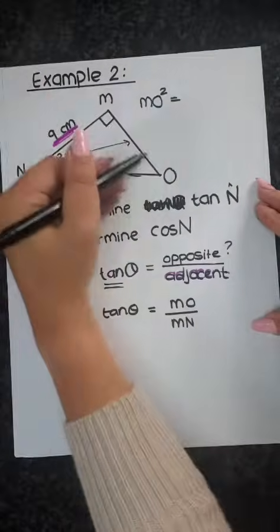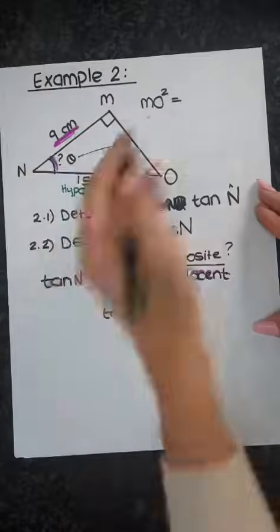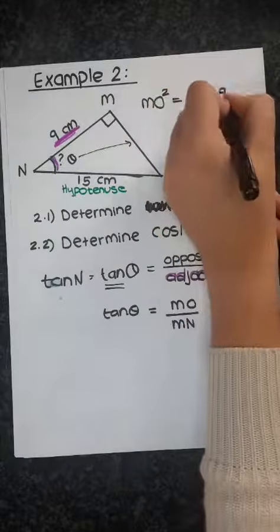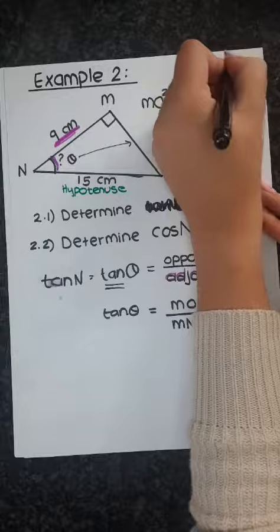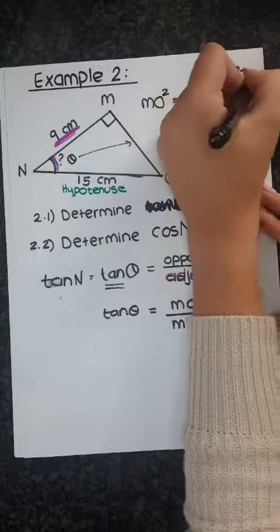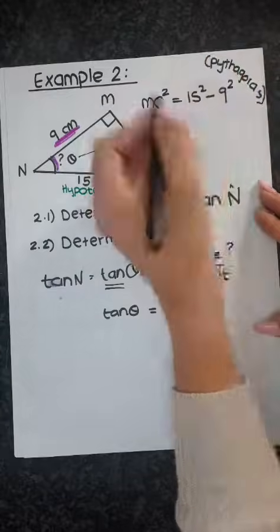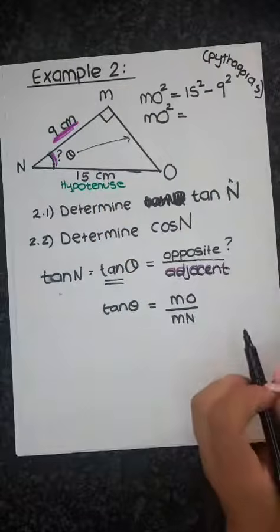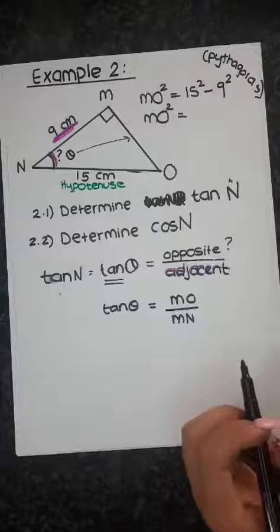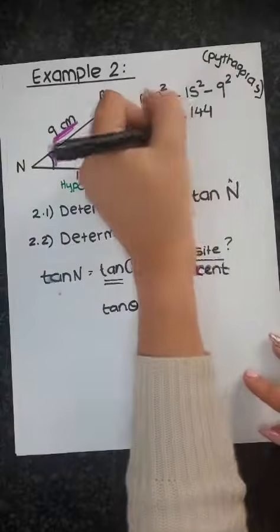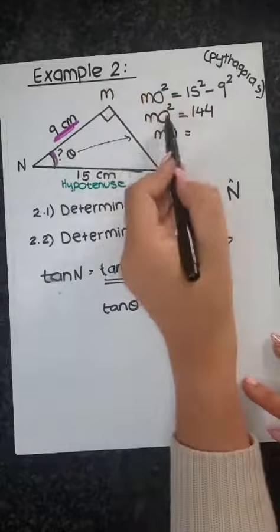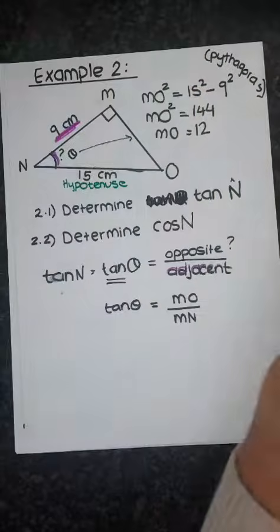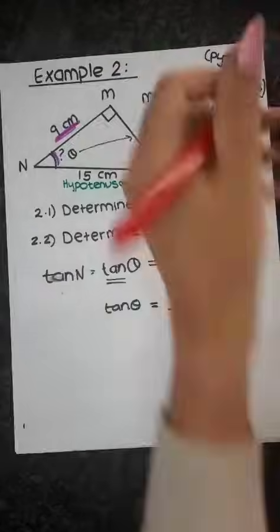So MO squared, that's the side I'm looking for, equals my hypotenuse squared minus MN squared. And remember, you need to write Pythagoras in brackets. No reason, no mark. MO squared equals 144, if I'm not mistaken. So MO, what's the opposite of square? Square root, the inverse. So MO, I found out to be 12.